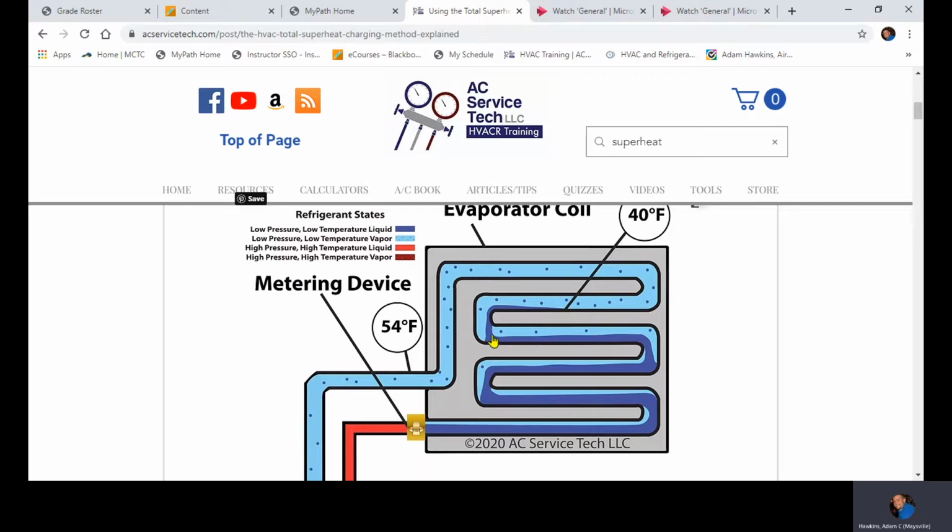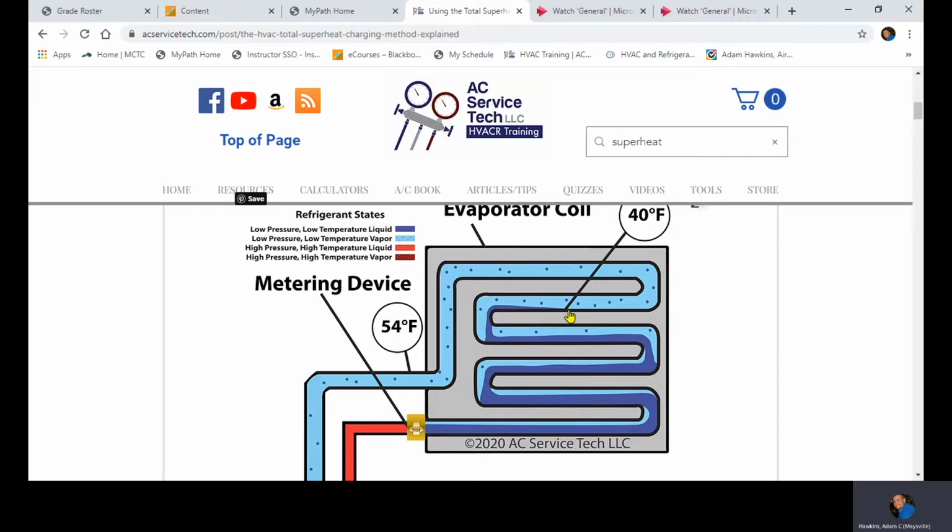So up until then, your pressures and temperatures really probably didn't change a lot inside this coil, and they're not going to change a whole lot after this. In this evaporator, your pressures are not going to change that widely, but your state is going to completely change.